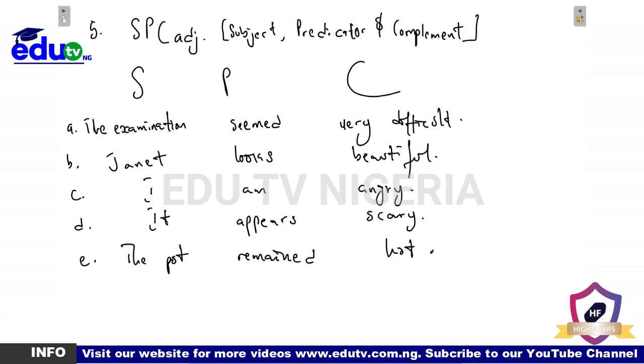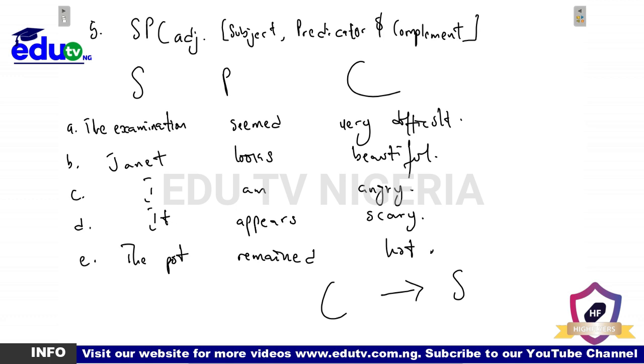And then unlike the first one, SPC nominal, where we say that the subject is equal to the complement and the complement is equal to the subject, this time I would rather say that the subject has the quality being described by the complement. So the subject actually has the quality of the complement. That is, the complement strictly refers back to the subject.